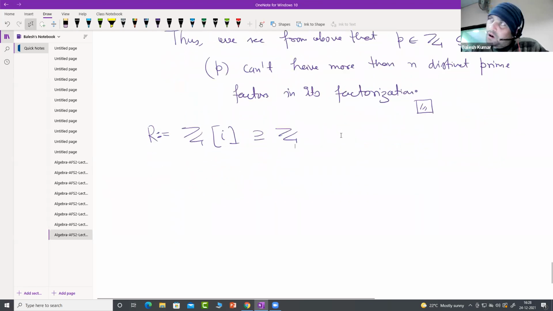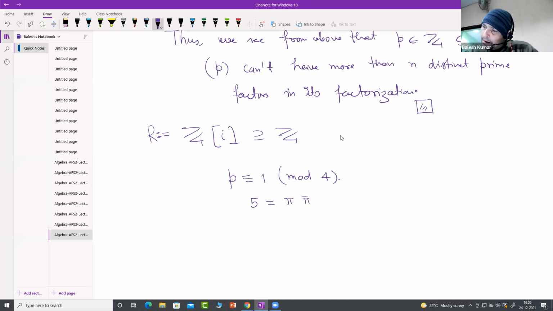And what we saw is which primes will be the product of two primes. I think we have proven that if you take p congruent to 1 mod 4, for example 5, which is congruent to 1 mod 4, then 5 can be written as a product of two elements, pi and pi bar.